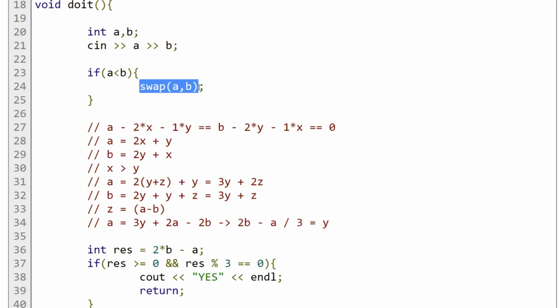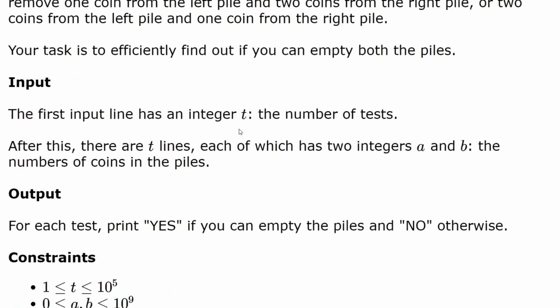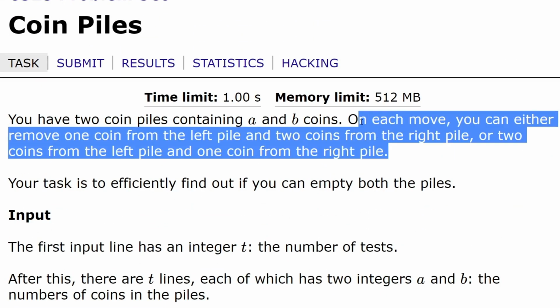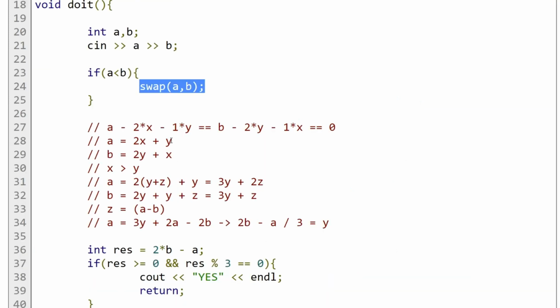I swap a and b, so I want the left pile to always have the greatest amount of coins, because that will not change the problem essentially. The two moves that we have are mirroring each other, so it doesn't matter which pile is considered to be the left and which the right. So I always have the greatest pile to the left. Let's consider that A is the left pile and B is the right pile.